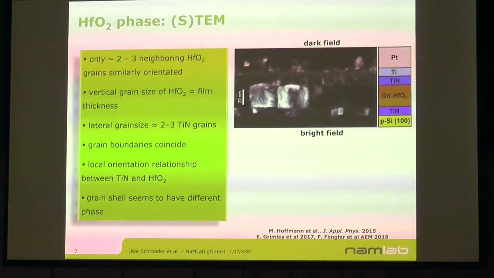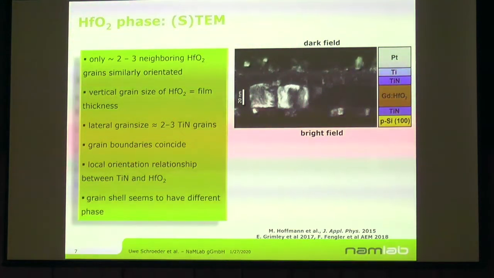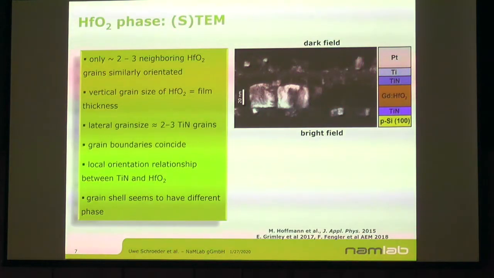How does this look like in a capacitor structure? So we typically form the material in between two titanium nitride electrodes, and then here you have your doped hafnium oxide layer. It's a polycrystalline material.